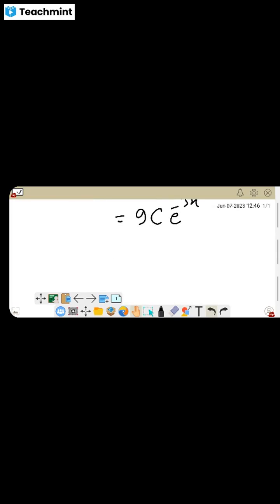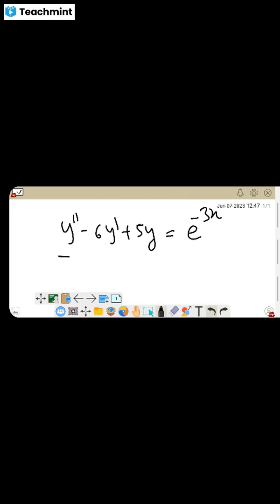So the equation is y double dash minus 6y dash plus 5y. For PI we take the right side as given, e to the power minus 3x here, and now put all these values.